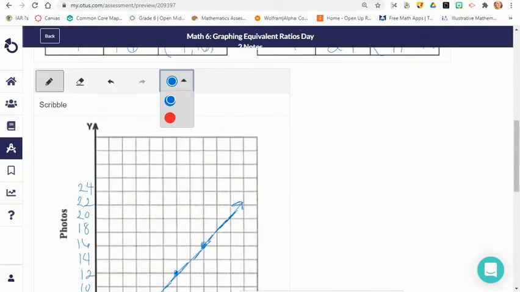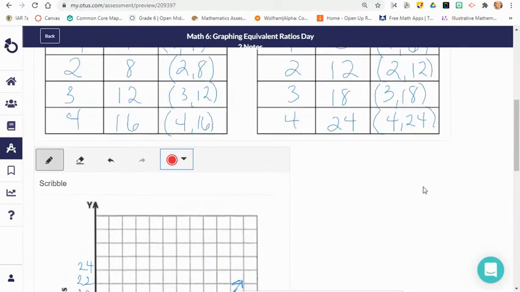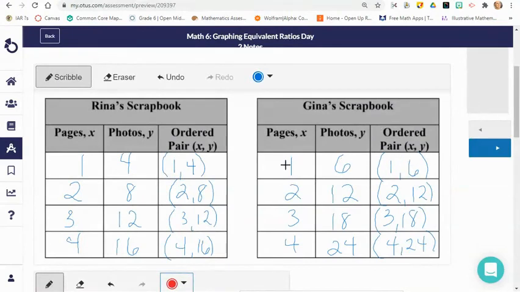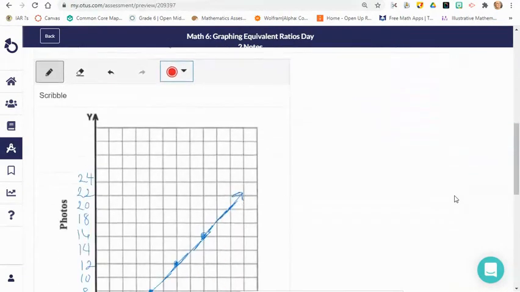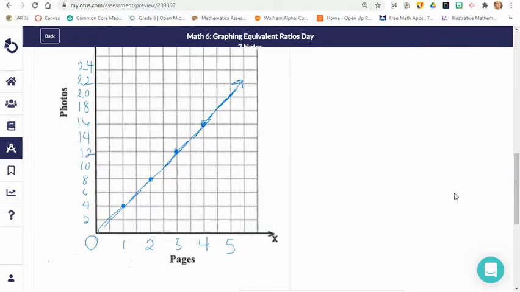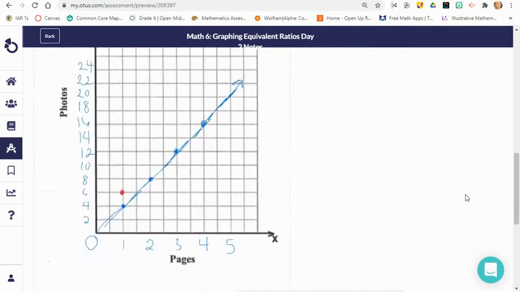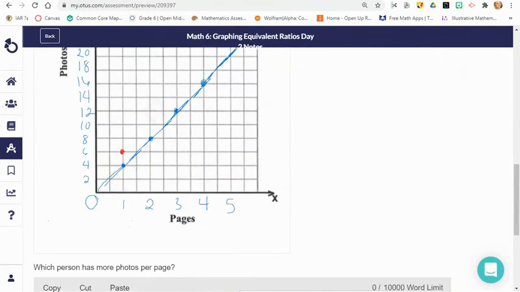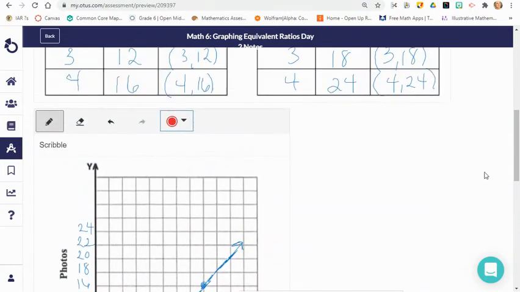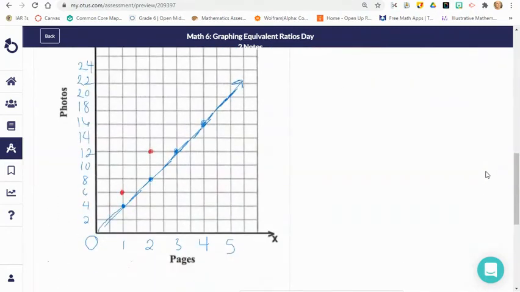I'm going to change colors for my other line. You don't have to, but I'm going to change colors just for Gina's line. So I'm going to graph her points now, 1 to 6. So if I have a 1 to 6, that's here. And then 2 to 12. Her next one is 3 to 18.